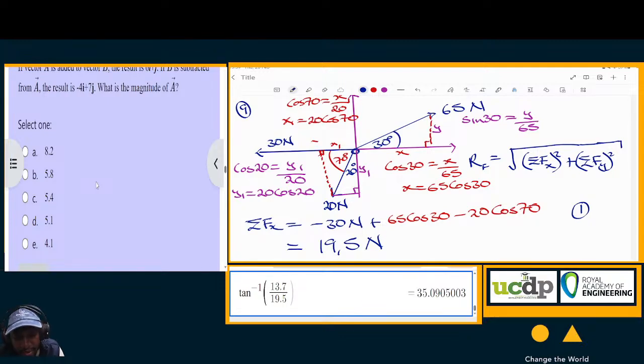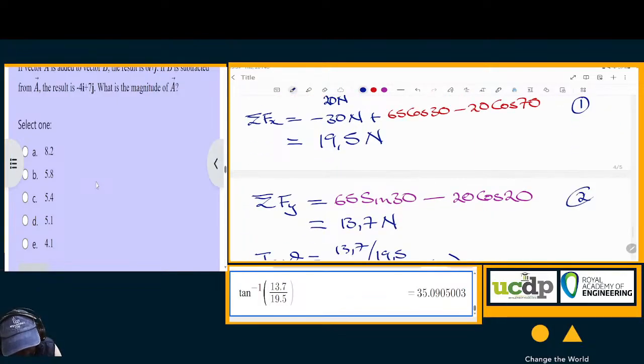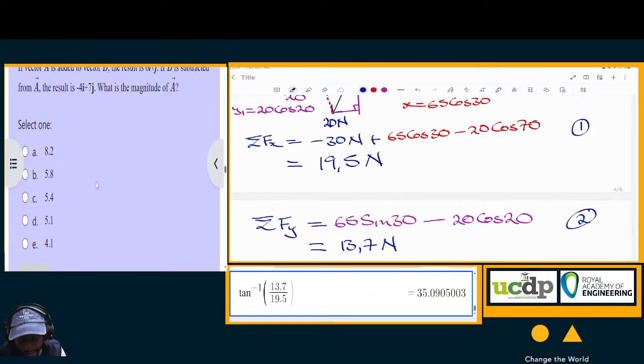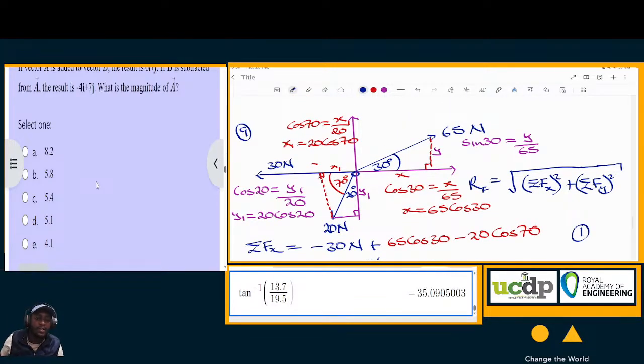So you resolve in the x-axis and also resolve in the y-axis, which is when you're now summing the forces in the y direction. Don't forget to resolve. I also did try to go step by step resolving each and every vector. So if you're still having challenges with resolving, please reach out so that you could be assisted.